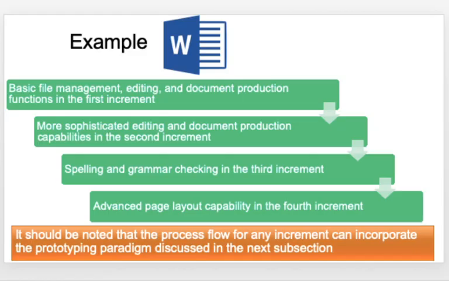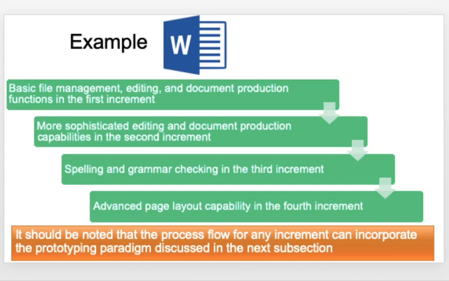Some of the examples that could have been developed by using the incremental process model are, for instance, a most common application you are using on a day-to-day basis called MS Word. Let us say I develop the core product, which is basic file management, editing, and document production in the first increment. More sophisticated editing and document production capabilities in the second increment.